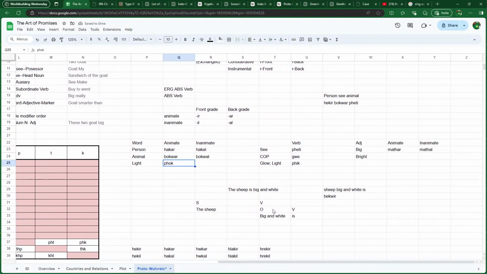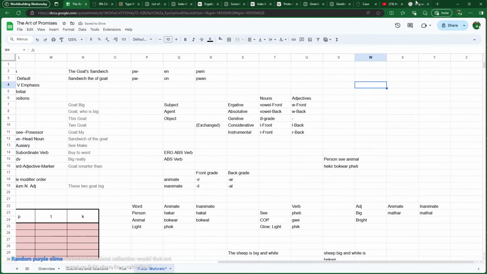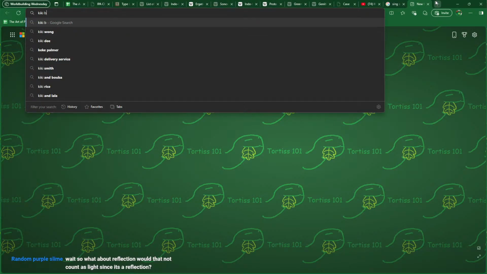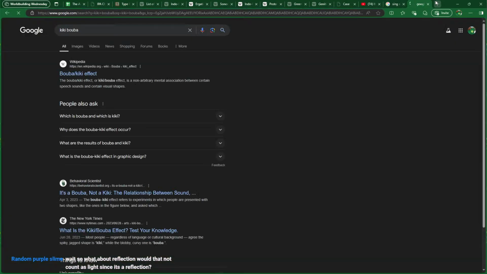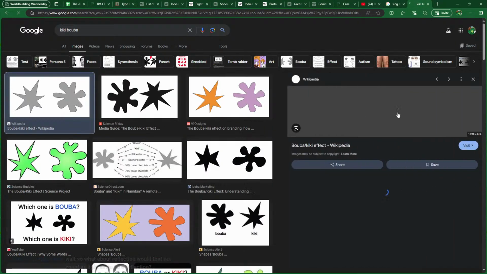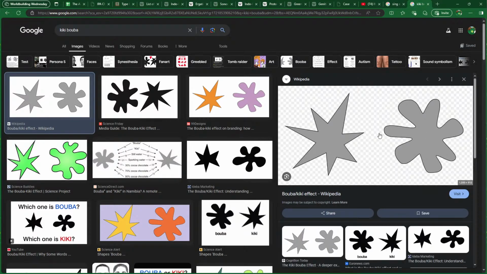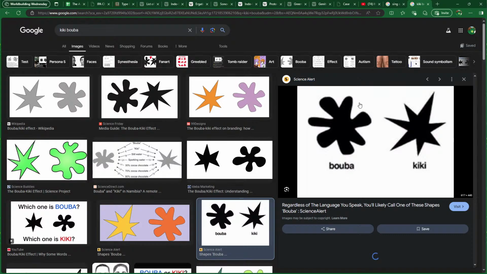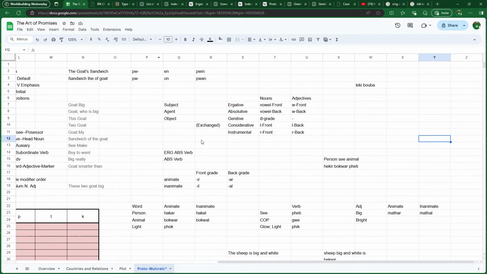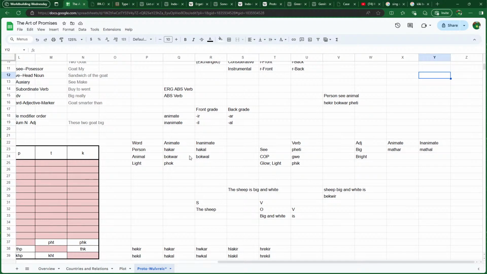Because I also, okay, phonoaesthetics, right? Kiki versus boba. The Kiki versus Boba effect. Most people who look at these think that the sharp one is Kiki and the round one is Boba because of phonoaesthetics, right? Kiki just sounds sharper than Boba.